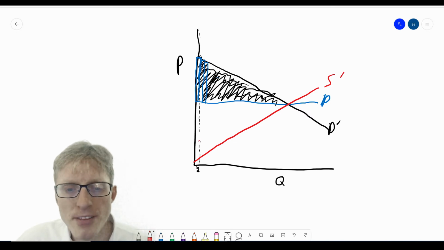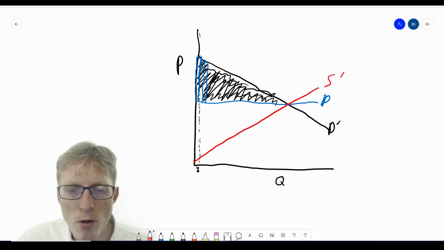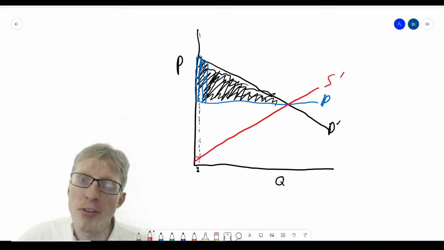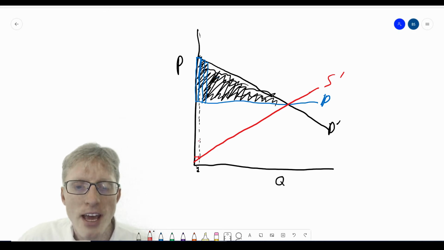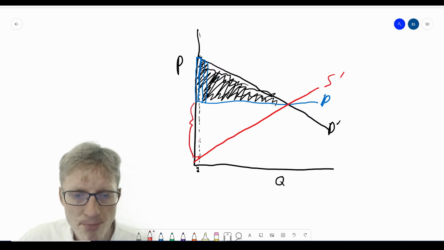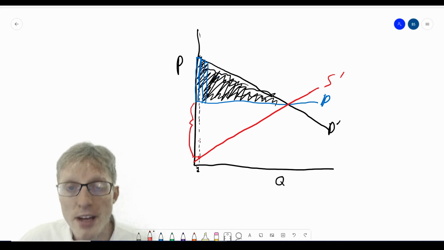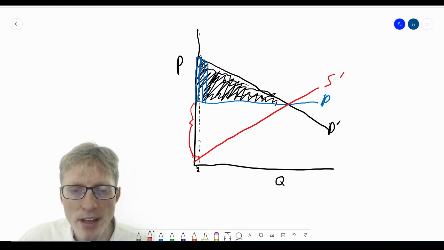And similarly, the supplier, or the lowest price supplier, has some reservation value, the lowest amount they're willing to sell the item for, that first unit that they produce. And if you take the height, the difference between the price and their reservation price for that item, and multiply that by this width of 1 unit, that would get the producer surplus that the producer gets from selling that first item.